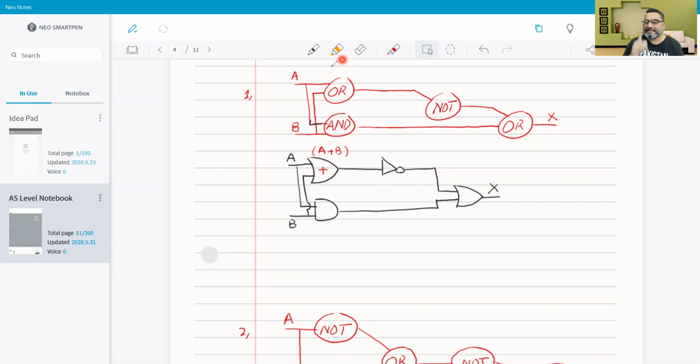Remember, except NOT gate, whenever you get out of one OR gate, you have to put it in the brackets. This is absolutely necessary, because in any equation at O level or AS level, it is not expected that we have more than two inputs in any of the gate.